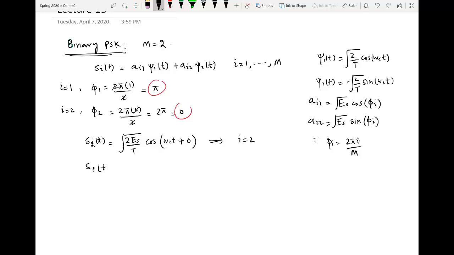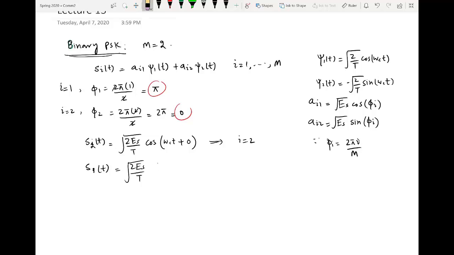And S1 of t will be equal to square root of 2Es over capital T into cos(omega_c t plus pi), and that is basically minus square root of 2Es over capital T into cos omega_c t.